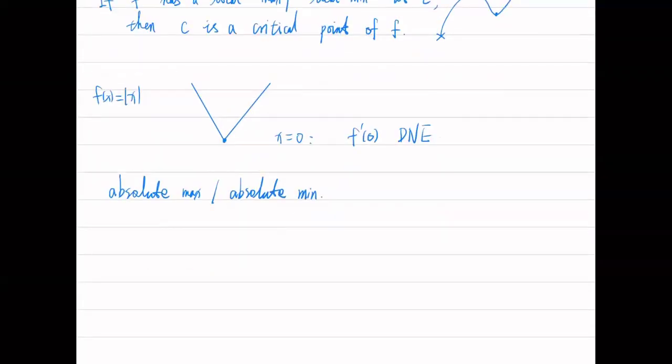So how to find this absolute max and min? First, find the critical points. We solve the equation.